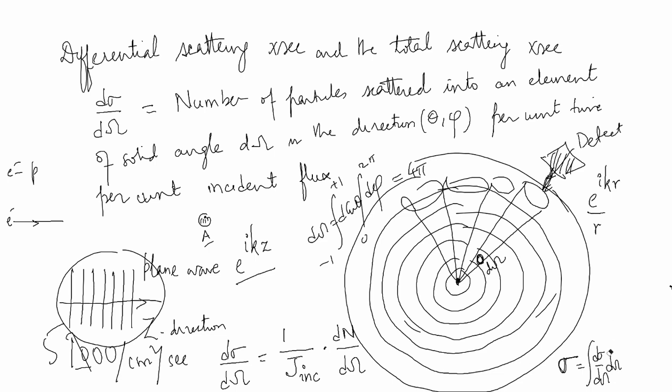The differential scattering cross section d sigma by d omega, integrated over the complete angular range, gives the total scattering cross section. Is it clear?